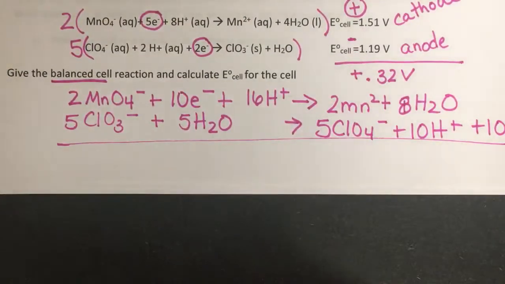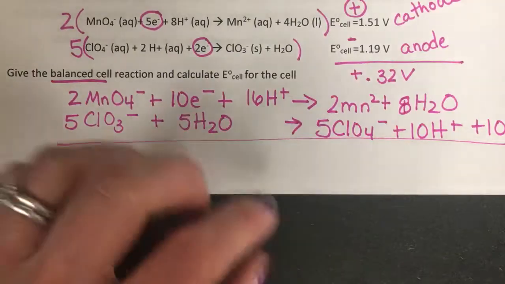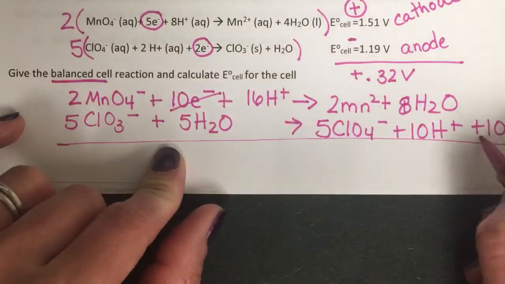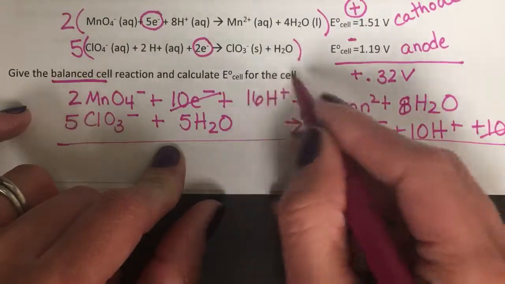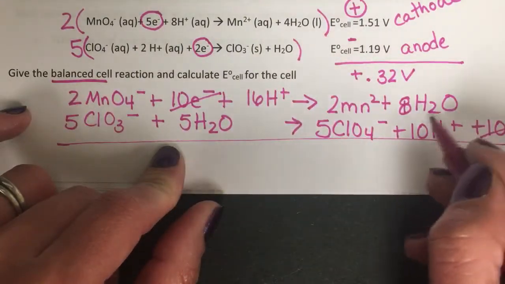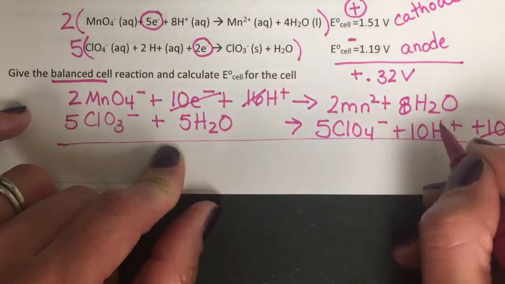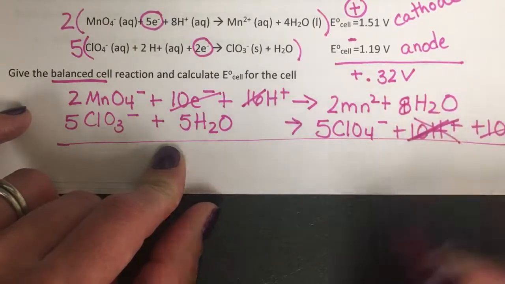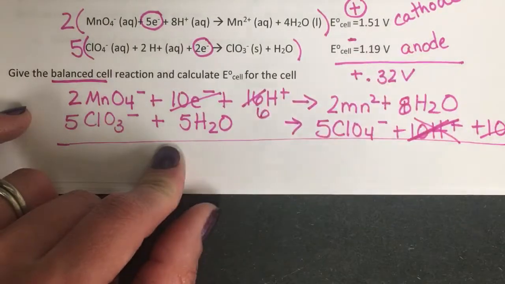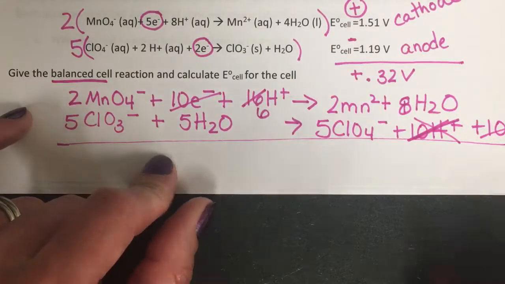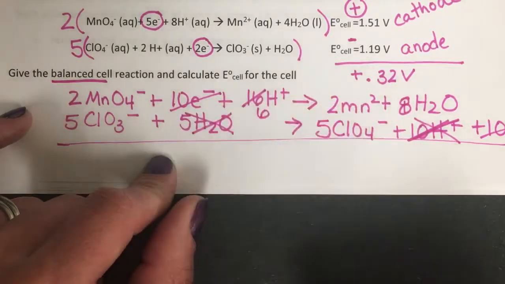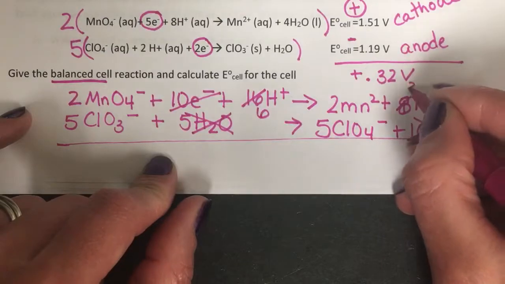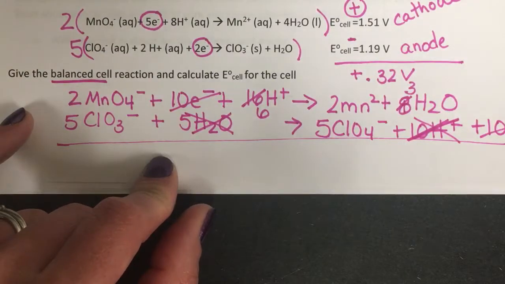Anything that's the same on both sides, I cancel out. 10 and 10 are gone. I have 16 hydrogens, 10 hydrogens, so 10 are gone. I'm left with 6. 8 waters here, 5 waters here. All 5 go away. I'm left with 3.